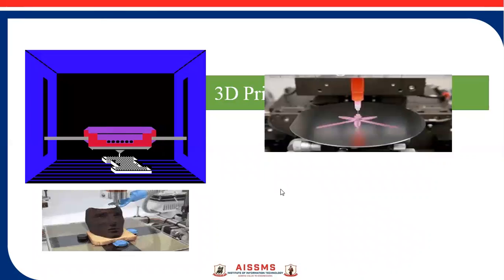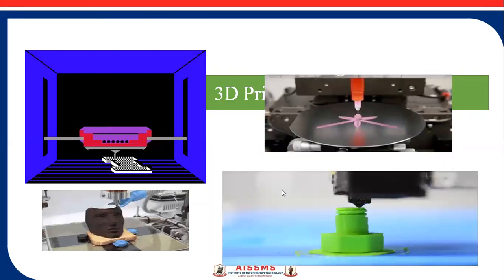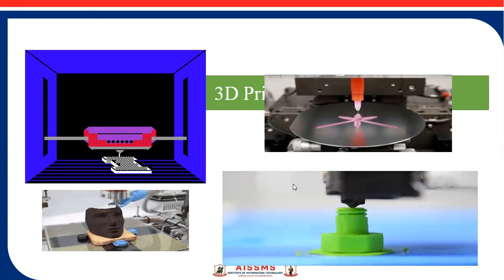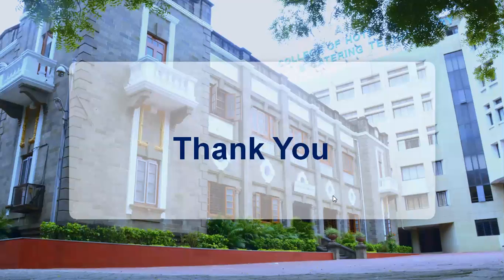Such kinds of shapes we can produce by using 3D printing. This diagram shows how the 3D printing process occurs and how we can apply material layer by layer for different materials, and we can generate the final shape as per the concept. Thank you. This is the 3D printing concept, and these are the basic fundamentals.